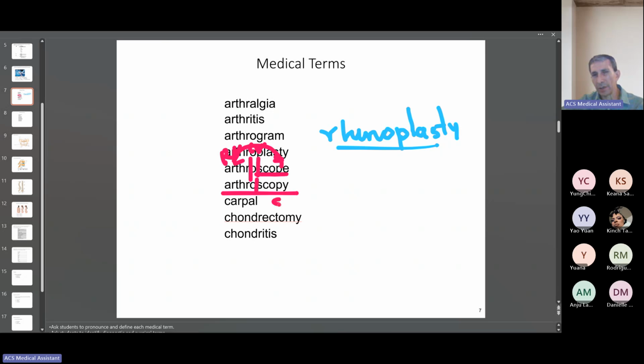Scopy is the suffix, o is the combining vowel, and arthr is the word root. Now, what is scopy? Scopy is the actual visualization. We're going to visualize the joint. This is a visual examination of the articulation or the joint.